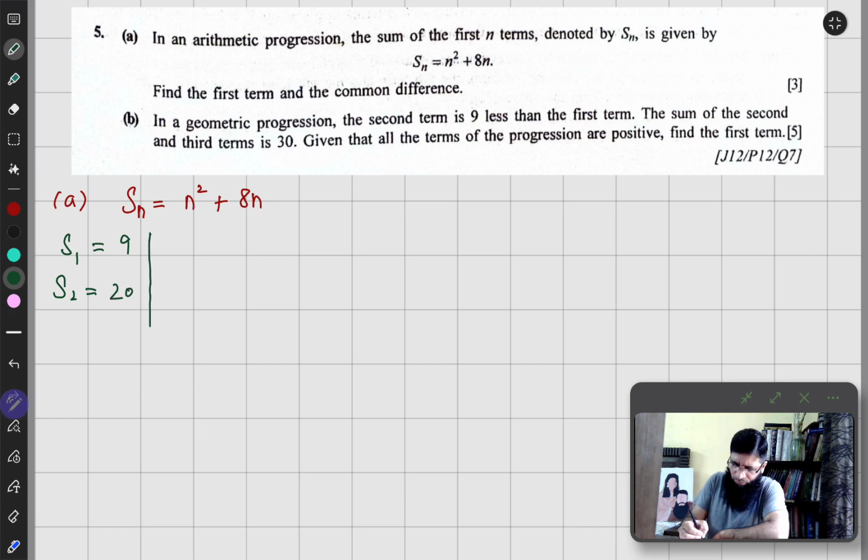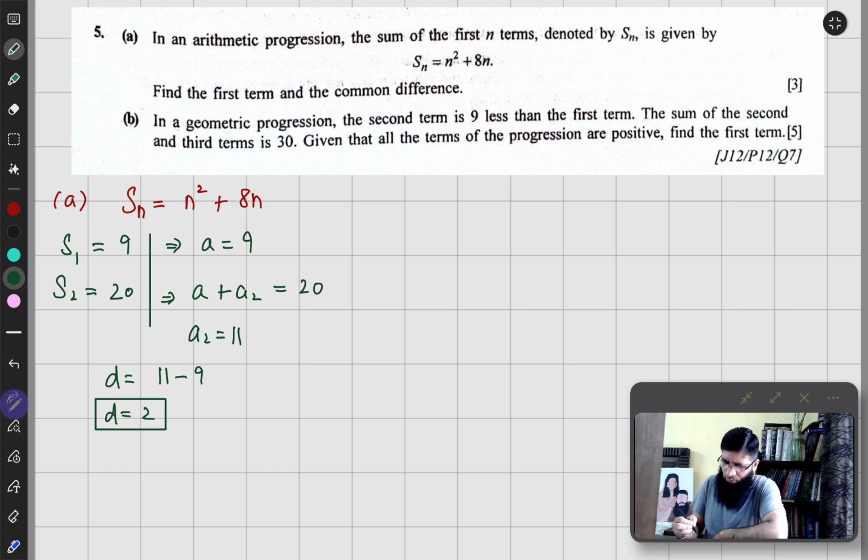It means that the first term is 9 and the sum of the first two terms is 20. It means that the second term is 11. So the common difference will be 11 minus 9, and the common difference will be equal to 2.